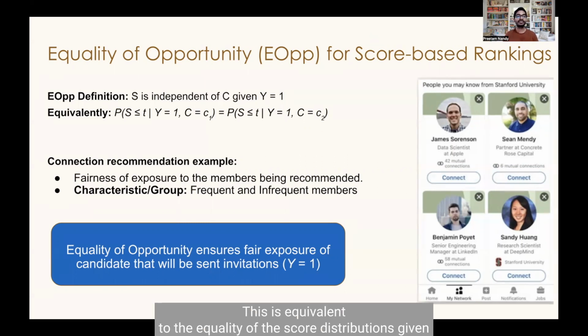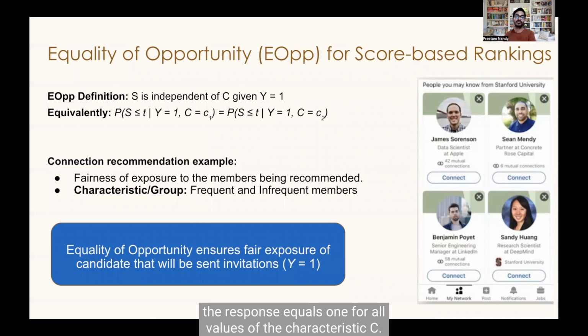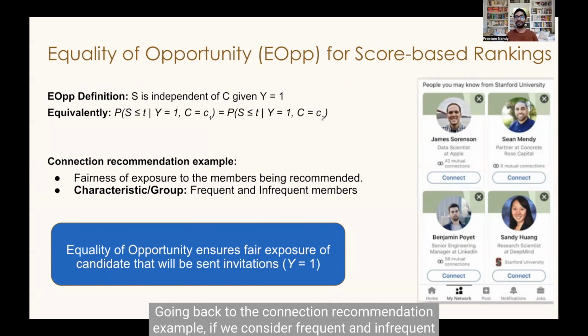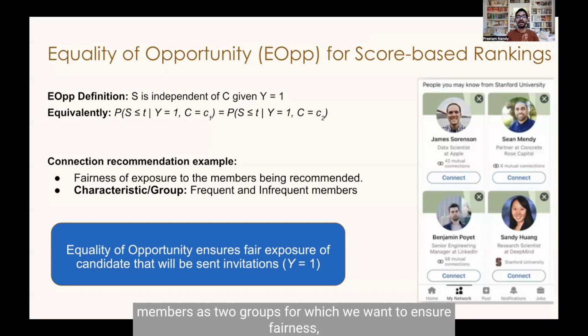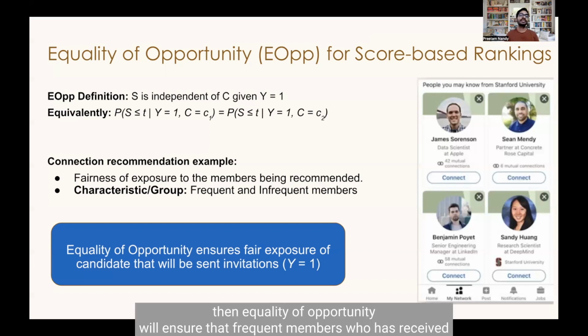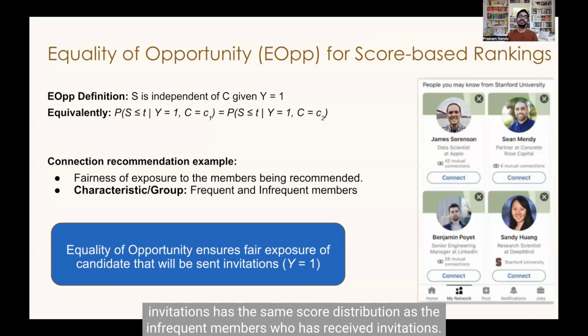This is equivalent to the equality of the score distributions given the response equals 1 for all values of the characteristic C. Going back to the connection recommendation example, if we consider frequent and infrequent members as two groups for which we want to ensure fairness, then equality of opportunity will ensure that frequent members who have received invitations have the same score distribution as the infrequent members who have received invitations.